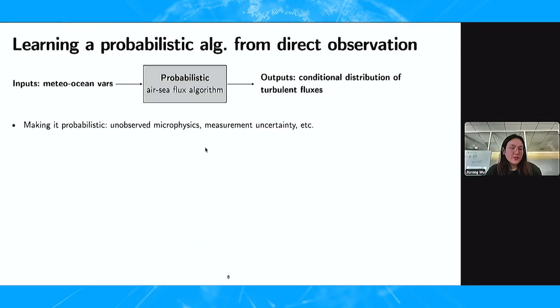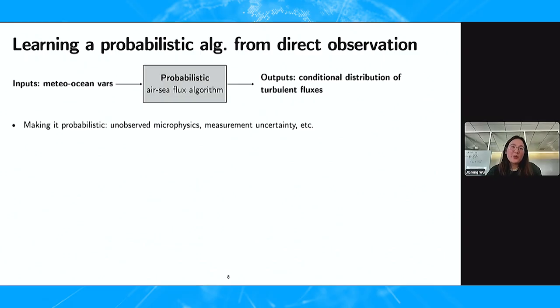The motivation is that we know the air-sea exchange is complicated, and the bulk algorithm uses average quantities in the boundary layer, and also ignores some important microphysics such as surface waves.